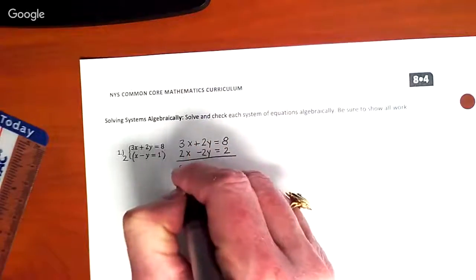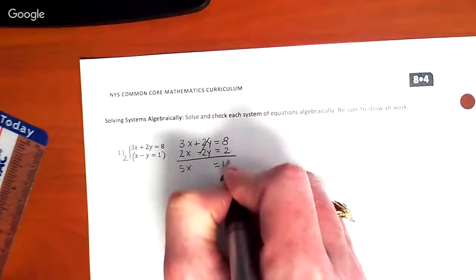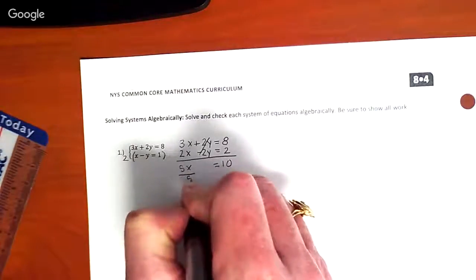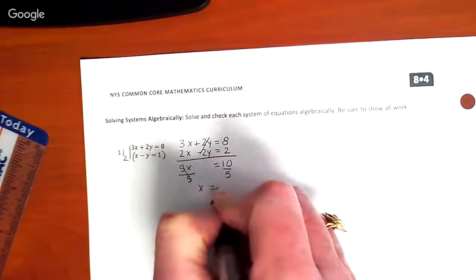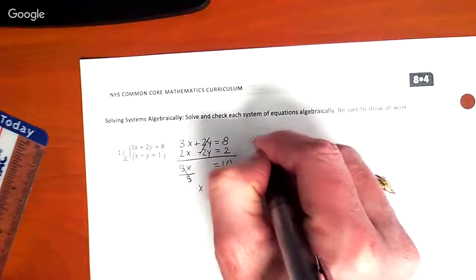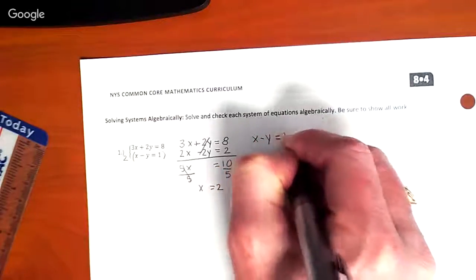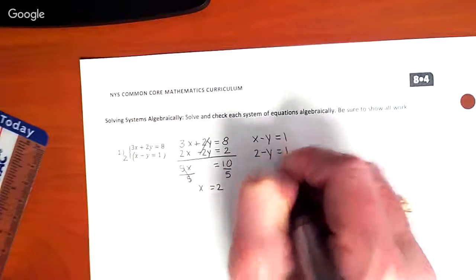So I have 5x, the y terms get eliminated, equals 10. Divide both sides by 5. x equals 2. So substituting it in, x minus y equals 1. 2 minus y equals 1.